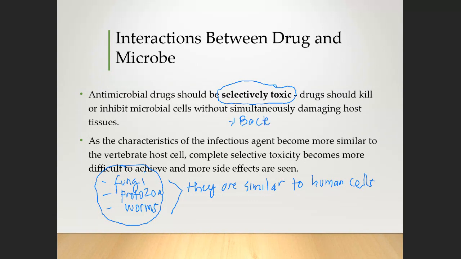That's the reason why you will find that there are more antibiotics or drugs used for bacterial infection compared to the drugs used for fungi, protozoa, or worm infection. It's not easy to develop selectively toxic drugs for fungi, protozoa, or worms.